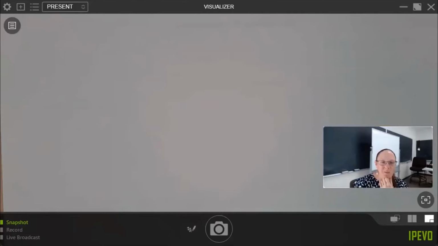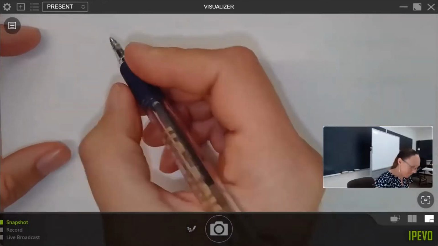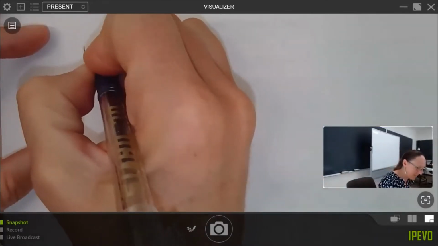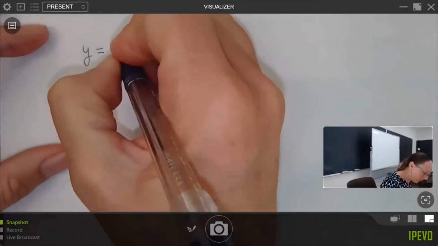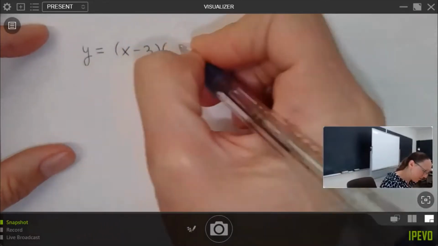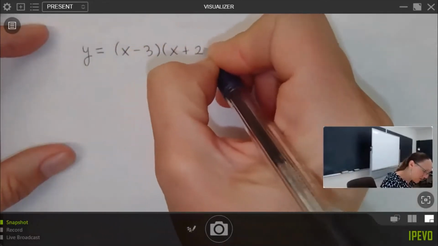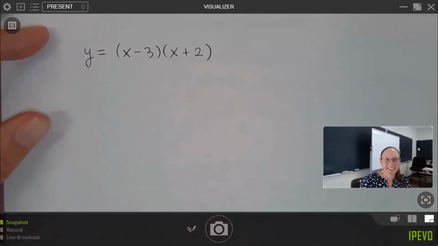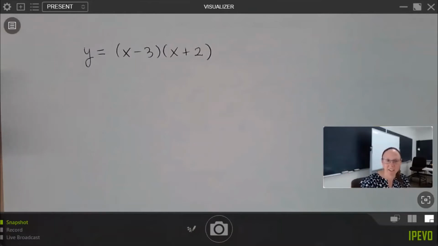What is going to be expected of you is that if we have the equation, let's say y equals (x minus 3)(x plus 2), in calculus I'm not going to ask you to graph this and show me the intercepts and find the vertex and any of that.